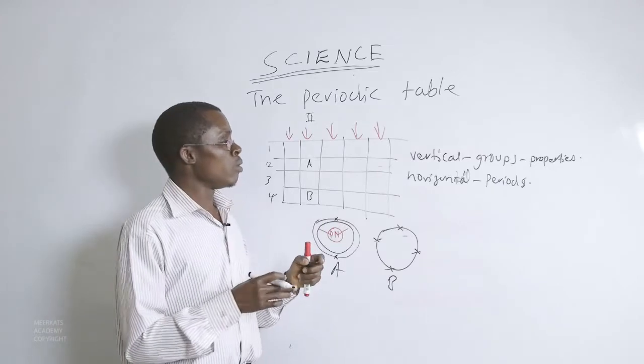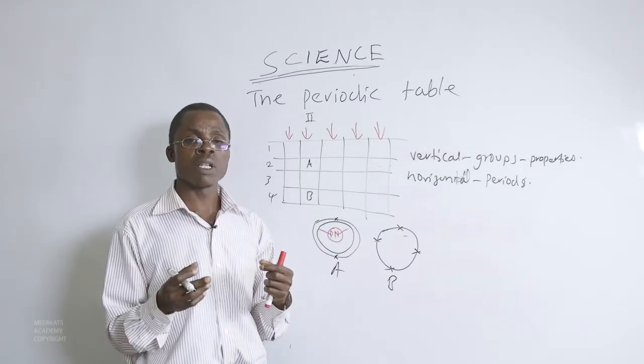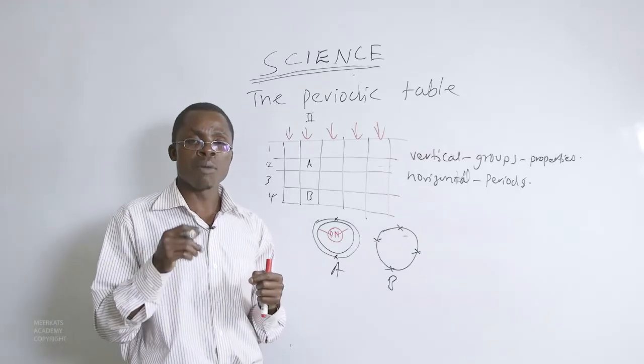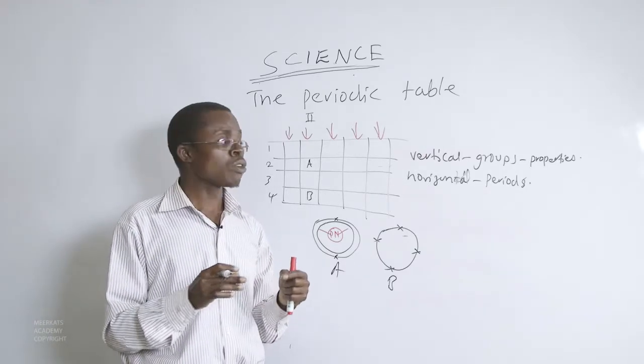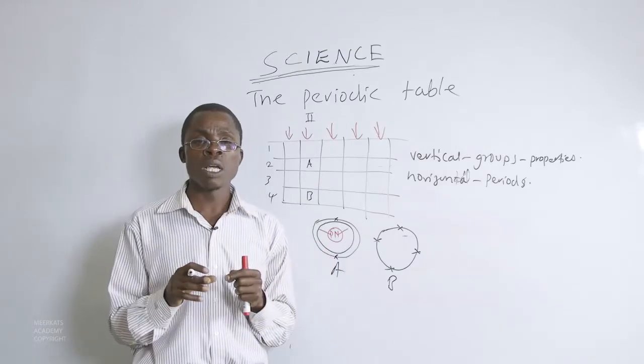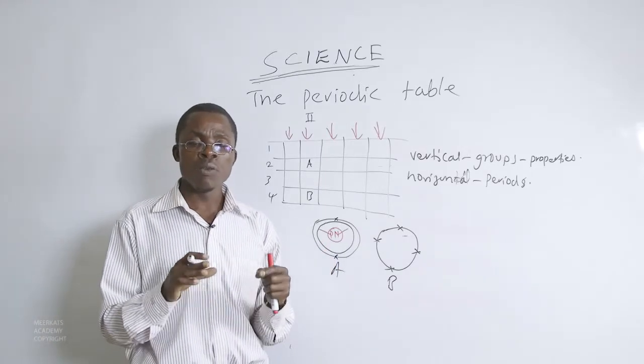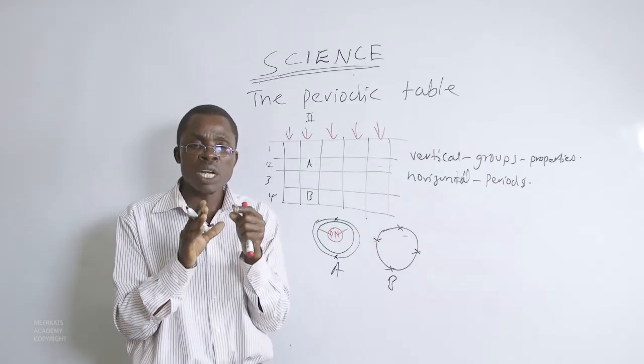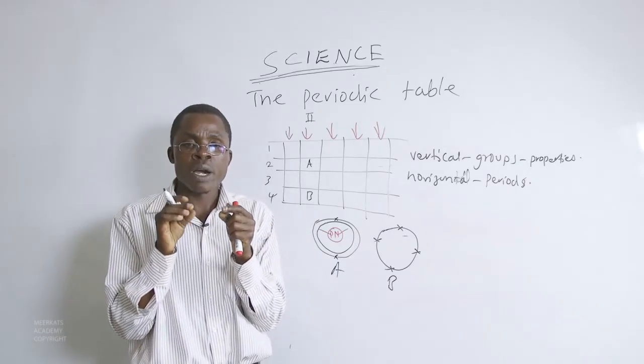Later on, you will also discover that in some books, they use other words like a family, a chemical family. Instead of calling it a group, you can also call it a chemical family, because if you are members of a family, it means you are sharing some kind of characteristics.